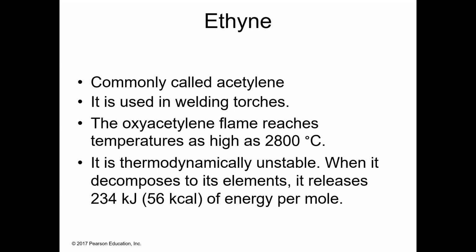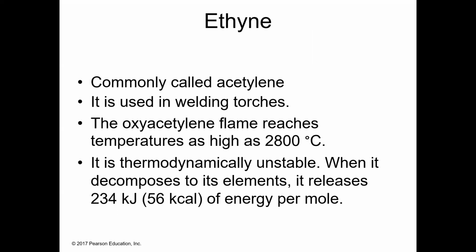All right, ethyne is commonly called acetylene. It is used in welding torches. Acetylene in the air actually burns with a yellow, dirty, sooty flame. And so when it's used in welding and cutting torches, it's first mixed with oxygen.